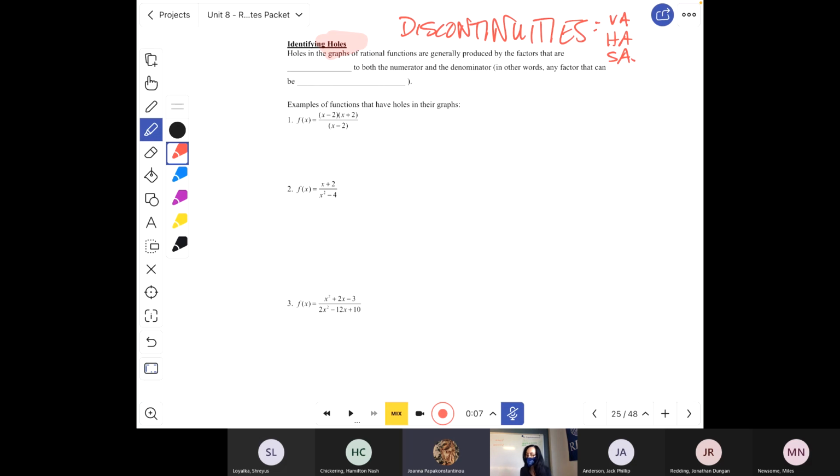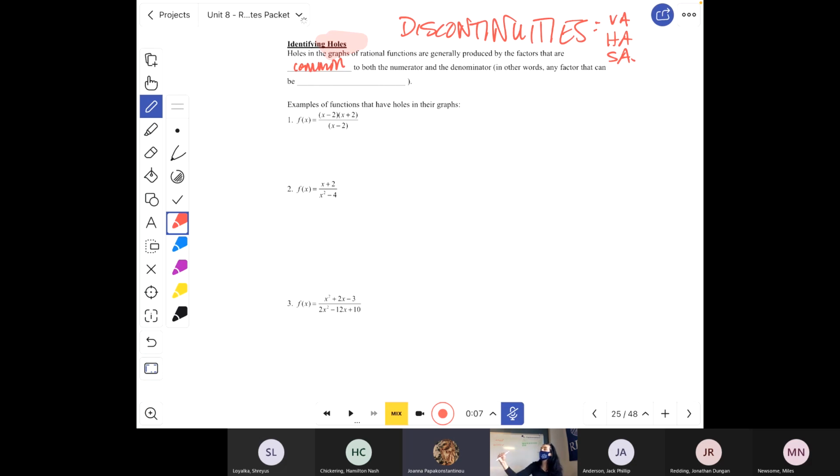So a hole in the graph of a rational function is generally produced by the factors that are common in both the numerator and denominator. In other words, you factor the numerator, you factor the denominator. Our initial reaction was to look for vertical asymptotes, what made the denominator 0. That is still true unless it is a common factor and it also appears in the numerator.